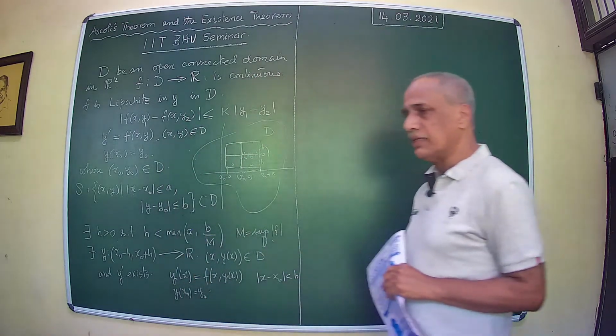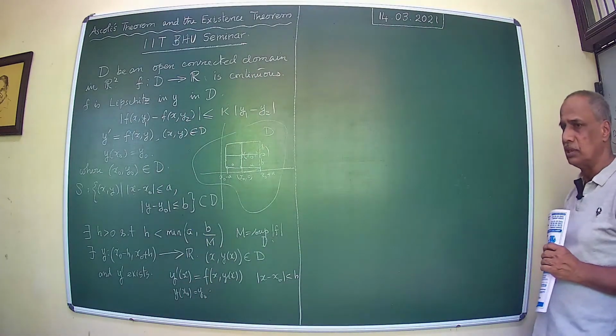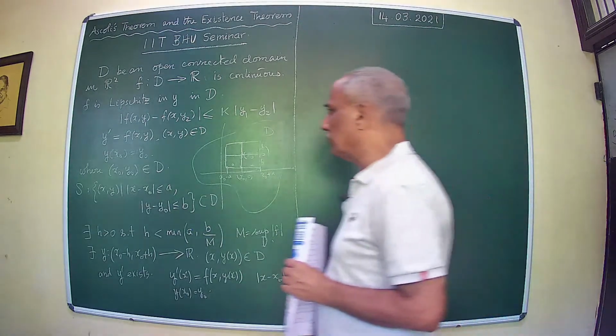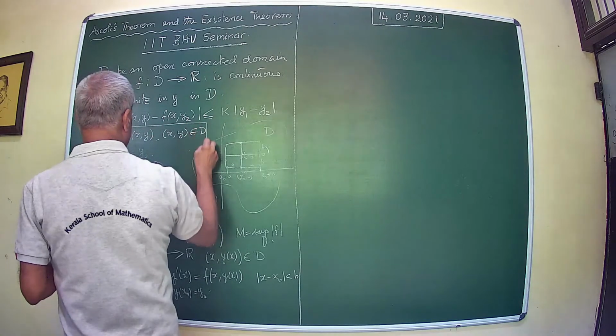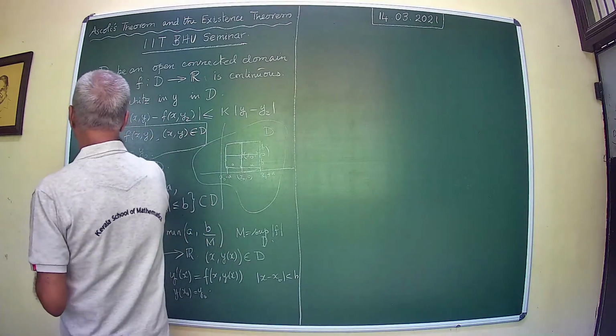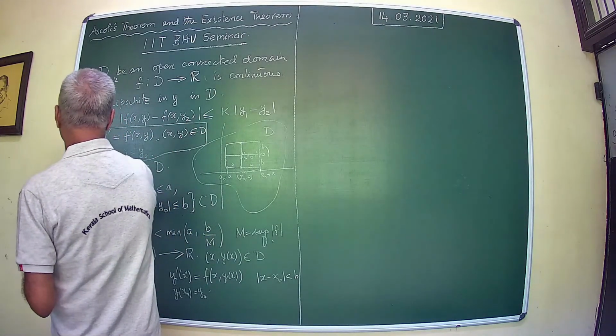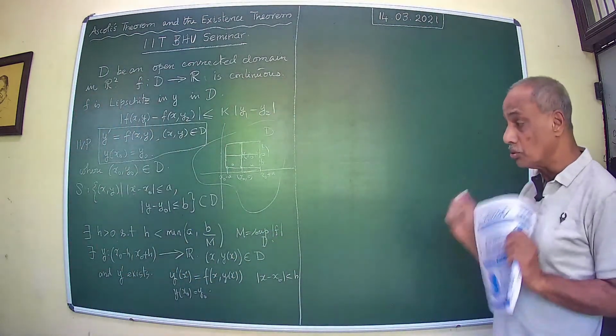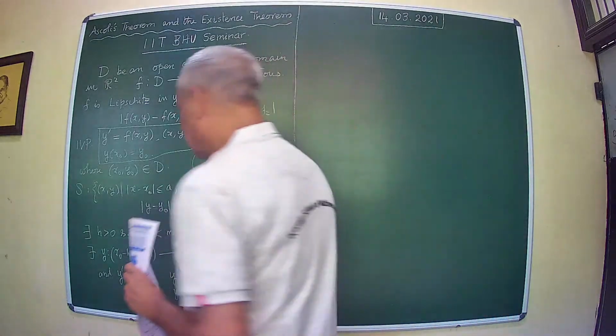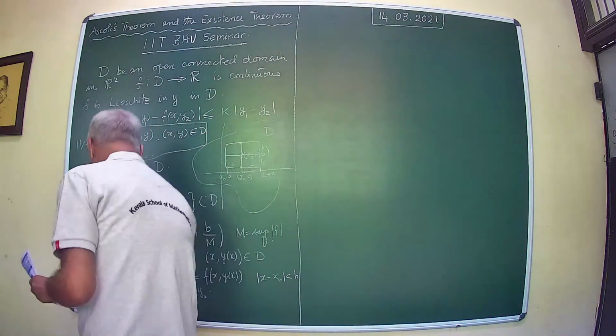That is, there exists a solution to the initial value problem. Now this is the initial value problem that we are working on. So there exists a unique solution for this initial value problem. The solution is unique.